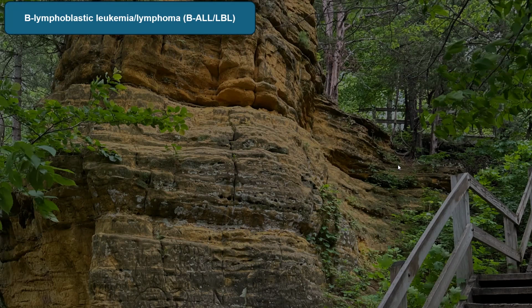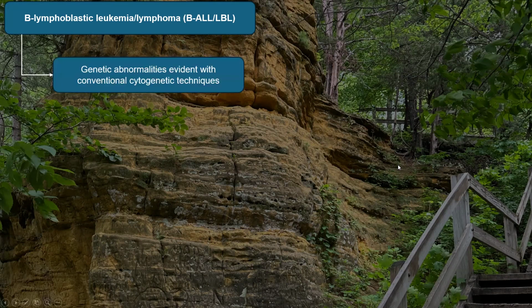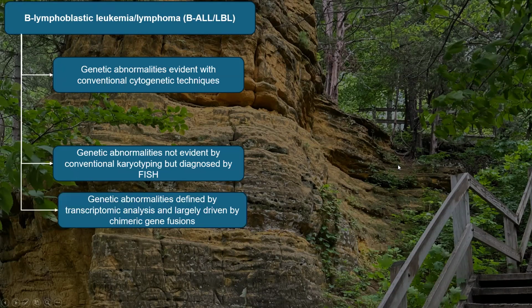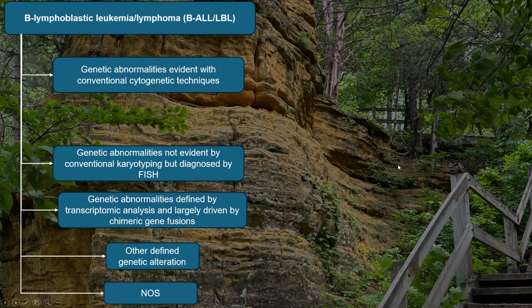These include genetic abnormalities evident with conventional cytogenetic techniques, genetic abnormalities not evident by conventional karyotyping but can be diagnosed by FISH, genetic abnormalities defined by transcriptomic analysis and largely driven by chimeric gene fusions, other defined genetic alterations, and then if you have an entity that doesn't qualify any of these, then you can call it NOS, not otherwise specified.